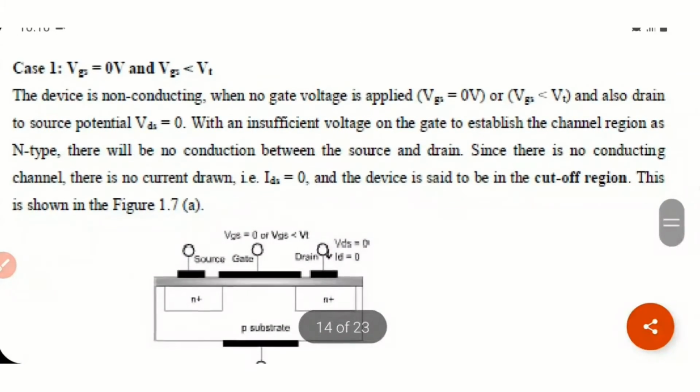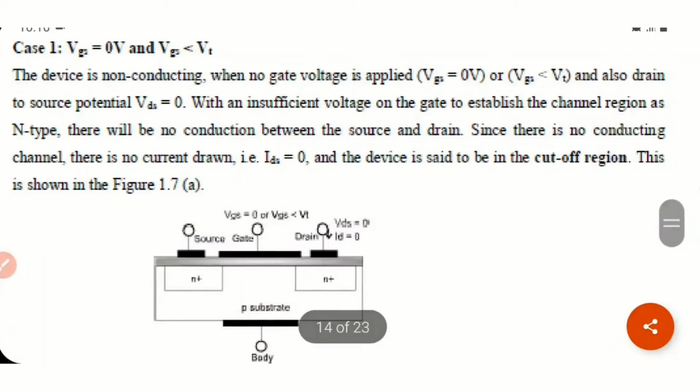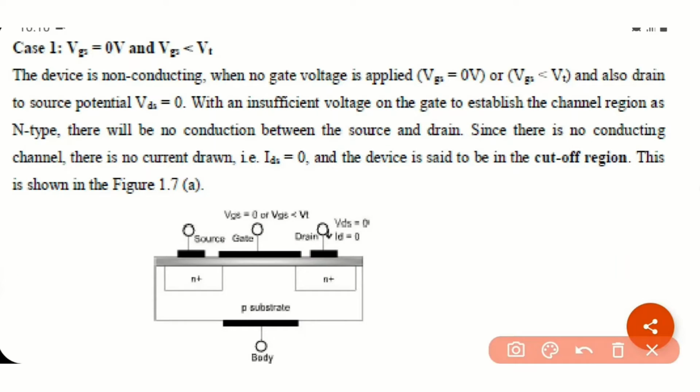Now there are few cases. Let's start with case 1. When your VGS is 0 and VGS is less than VT, that is VT is your threshold voltage. In this case, your device is non-conducting.